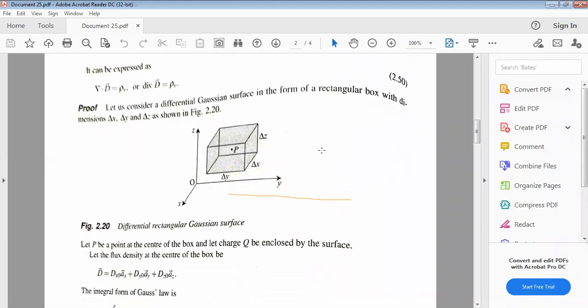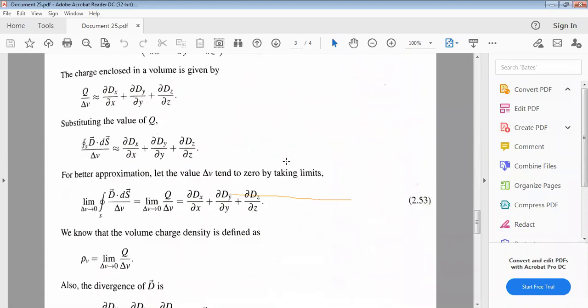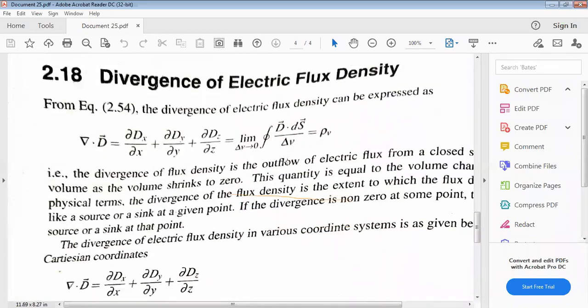Before going further, let's see what is meant by divergence of electric flux density. Generally, divergence means away from a single point. Here we consider not multi-directional but the XYZ directions.